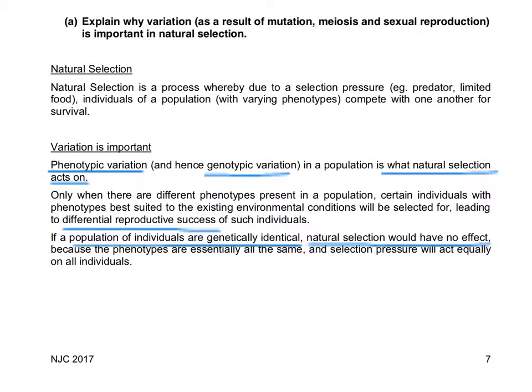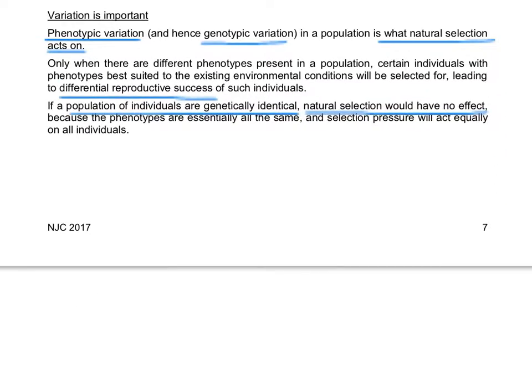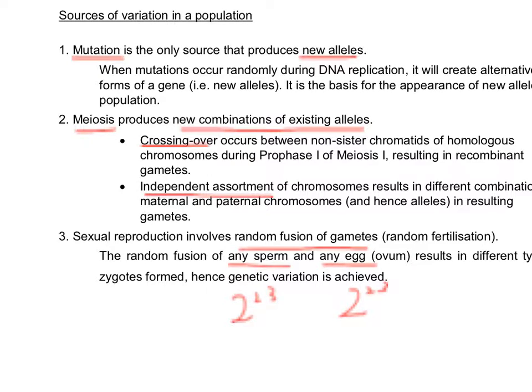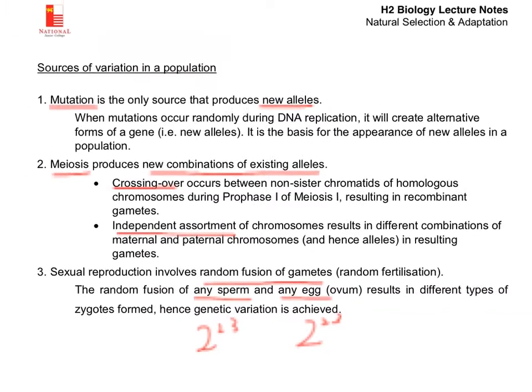This genotypic variation is a result of genetic variation, which is due to the factors that you are already aware of: mutation, meiosis, and sexual reproduction. So this is what I described to you. No variation, natural selection has no effect. These are the sources.